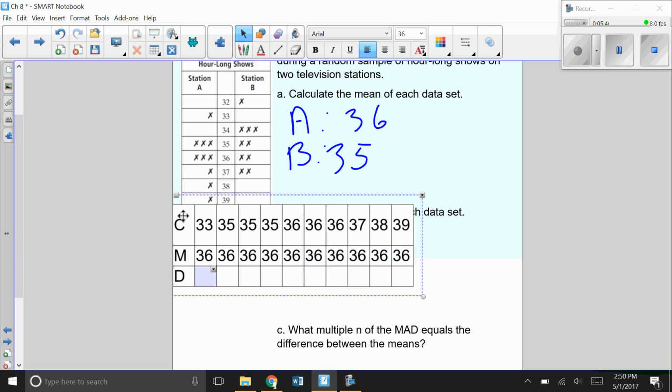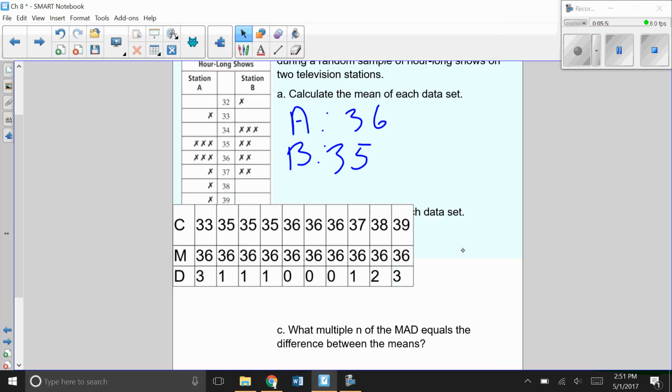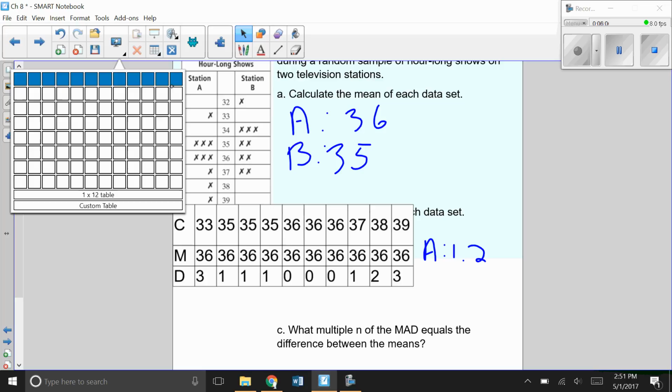And our differences here: 3, 1, 1, 1, 0, 0, 0, 1, 2, 3. Now to find our MAD for station A, we add up those differences, divide by how many there are, and we get 1.2.